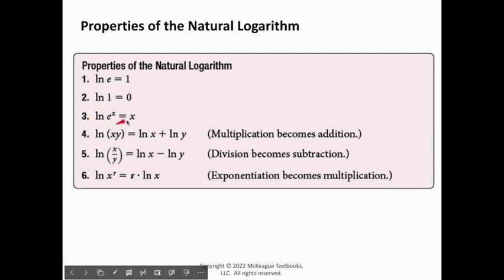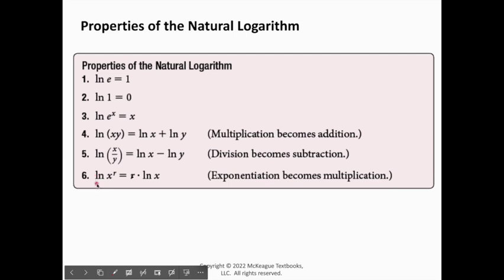This property right here with number 3 is a specific case of this property number 6. So I want to look at number 6 first, and then we'll backtrack to property 3. The property in number 6 is stating that if you have a logarithm, it doesn't matter what the base is, and your argument is raised to some power, you can rewrite that as an equivalent statement where you bring that exponent, in this case we're calling it r, down in front and multiply it by the logarithm.